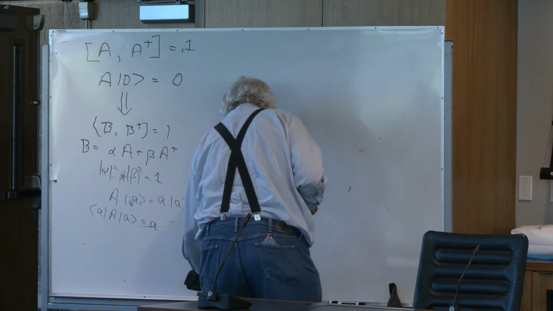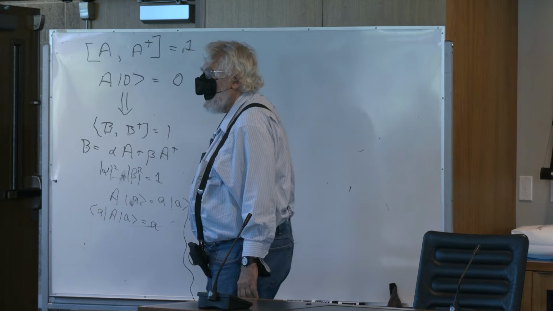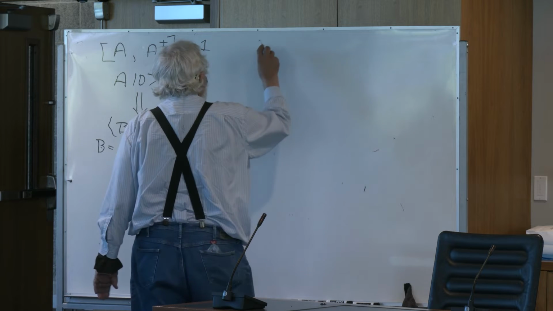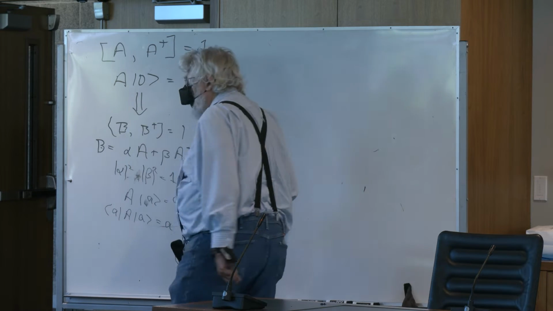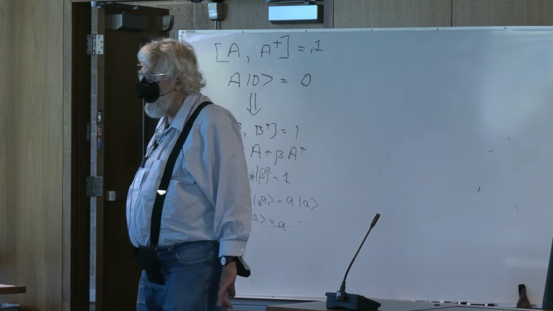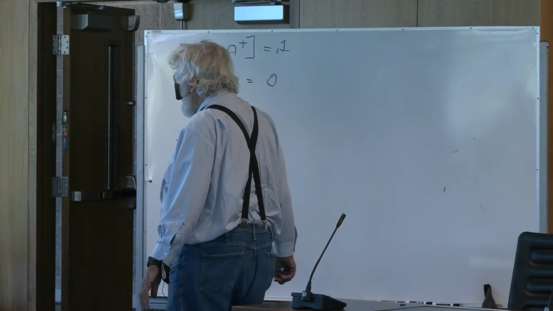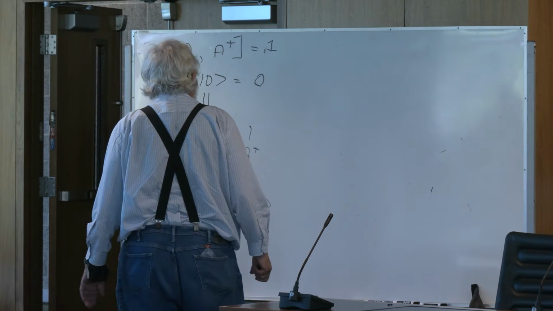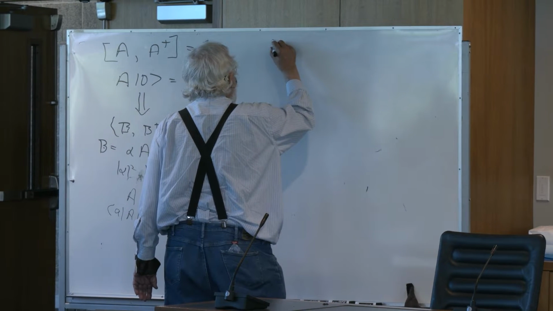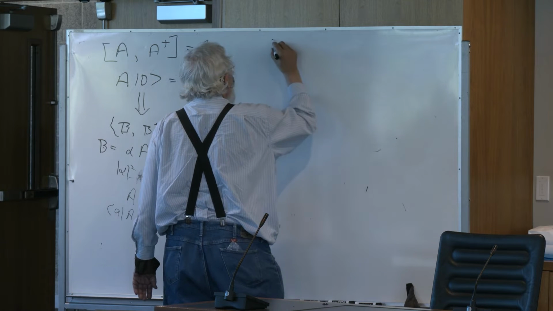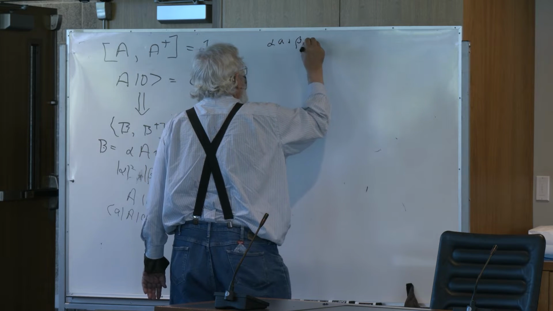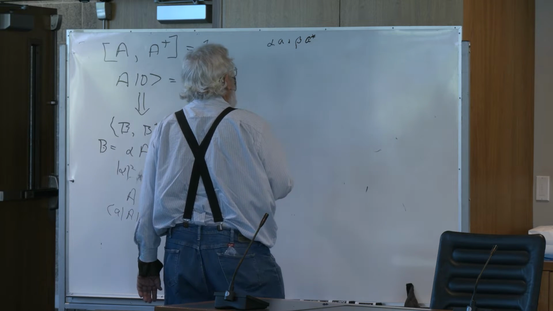Alpha A plus beta A star. A dagger goes to the left, and so that gives me an A star. And so when you look at B being alpha A plus beta A dagger, as operators, you get alpha little a plus beta little a star.